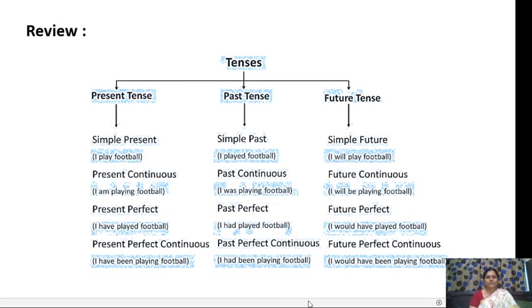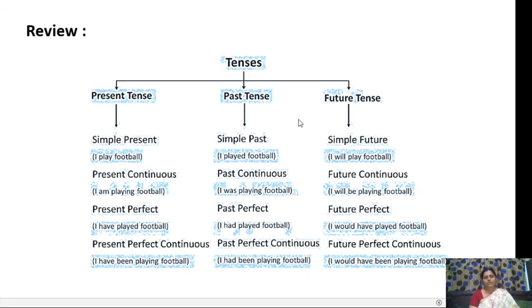So we have three types of tenses: present tense, past tense, and future tense. And each and every tense has four forms, that is simple, continuous, perfect, and perfect continuous. According to the context or the time of the action, we make use of each tense appropriately.